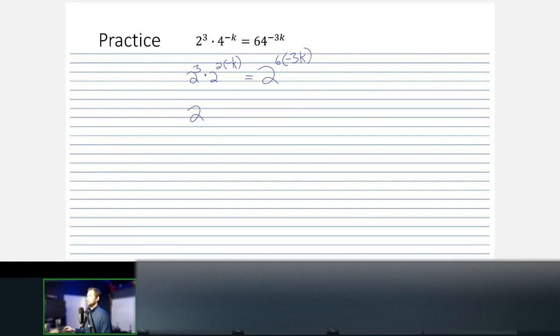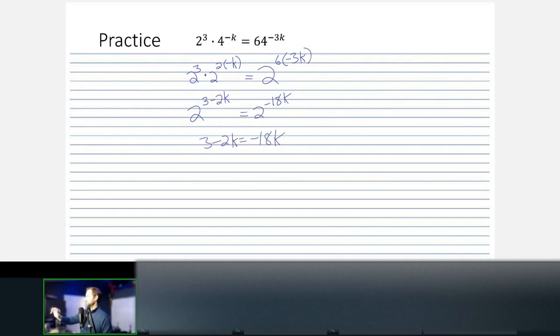All right. So we're going to have 3 minus 2k, or we can just write it in standard form and put the negative 2k first. It doesn't matter. I'm just going to leave it as 3 minus 2k. But standard form, you should have negative 2k, then plus 3, but it doesn't matter. And then on the other one, 6 times negative 3k is negative 18k. And then from here, we can quickly solve it, right? We set them equal to each other and we solve. So I'm just going to quickly do that just to show the final answer.